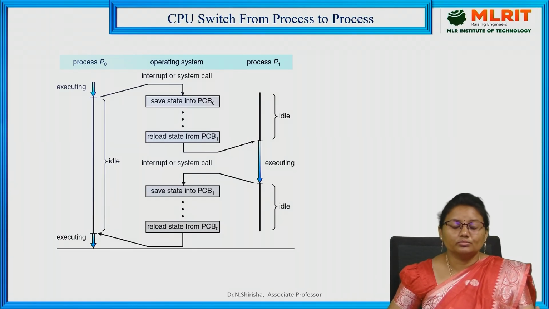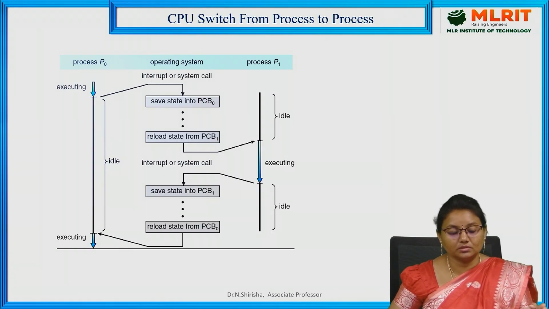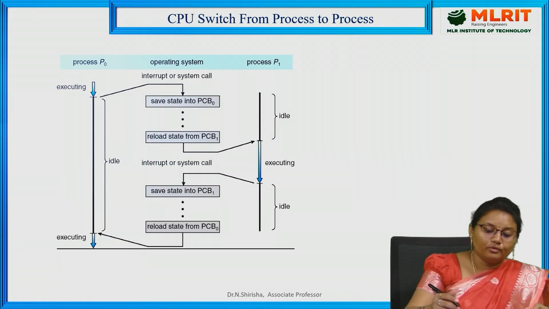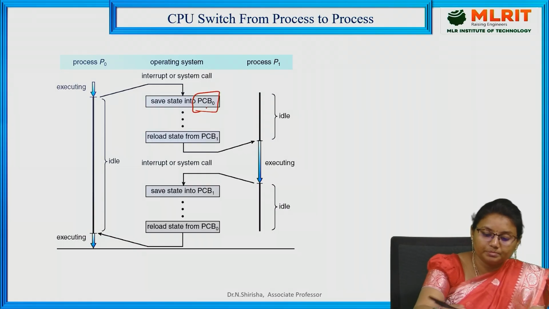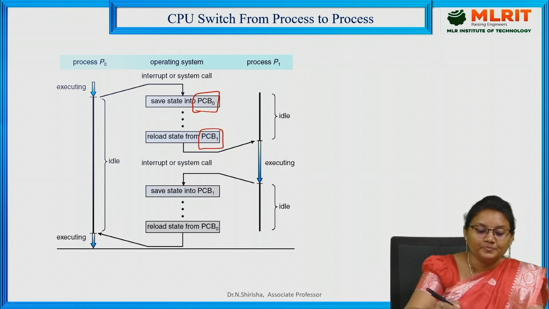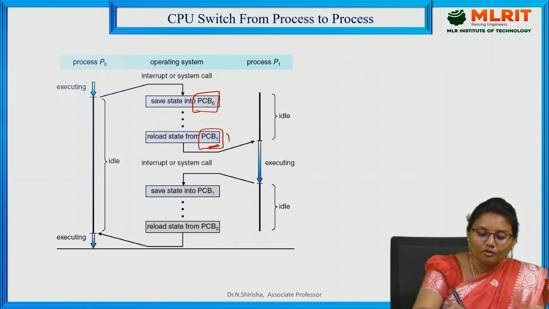This diagram shows you how a CPU switches from process to process. You have different processes here. Each and every process will be saving its own process control block. Therefore, process P0 will have PCB0, process P1 may have PCB1. So this is the process control block of P1, this is the process control block of P0.